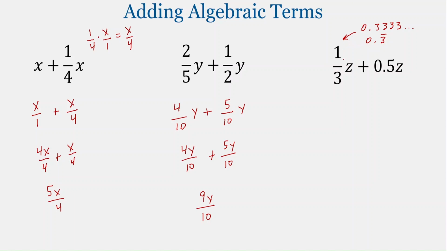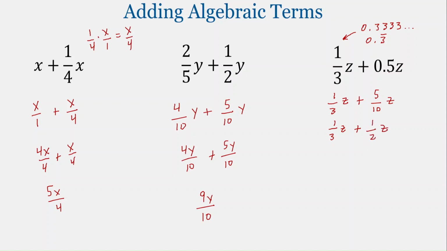So instead of converting 1/3 to a decimal, I'm going to convert 0.5 to a fraction. So we have 1/3 z plus, now 0.5 is 5/10. We can simplify this a bit. This is 1/3 z plus, well, there's a 5 all over 5 times 2, so this is just 1/2.